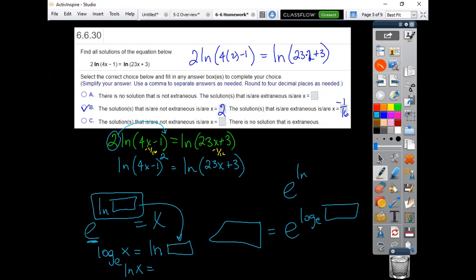So natural log of x equals natural log of what? And doesn't it make sense that then that would just have to be that exponent? So anyway, if you ever get one that has e to the power of log base e, or if you had 10 to the power of log base 10, it's always just going to equal this thing, and they'll just give that to you as a property or rule that you can always use.